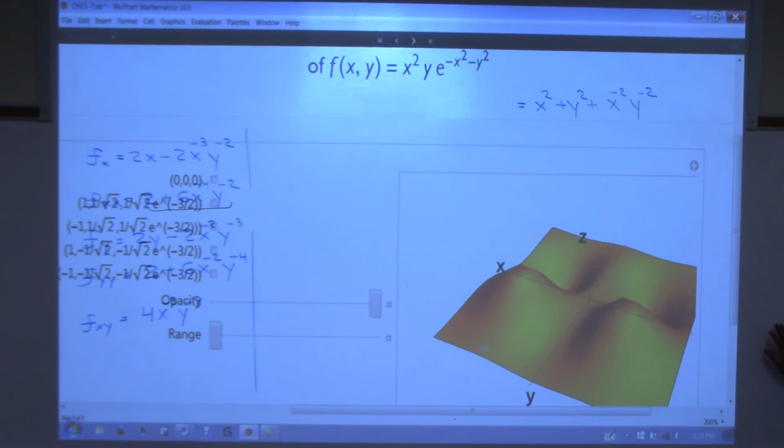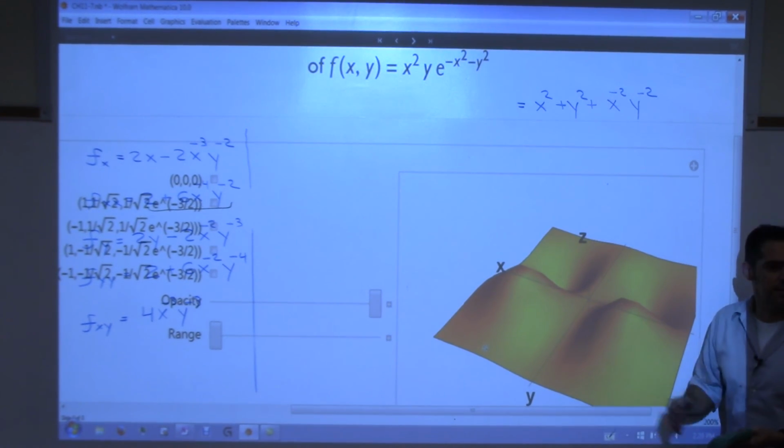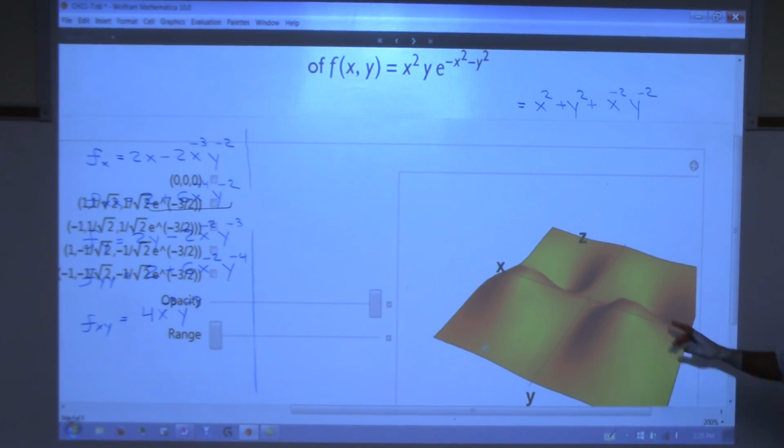If you're able to kind of deal with it and reason through it and somehow in your work show me that you dealt with the situation, then that might increase the amount of bonus you have. But if you accidentally skip over it and don't see it, then it's not going to kill you. You'll still be able to get the local maxes and mins, but you're either going to see it or you're not. All right? Okay?